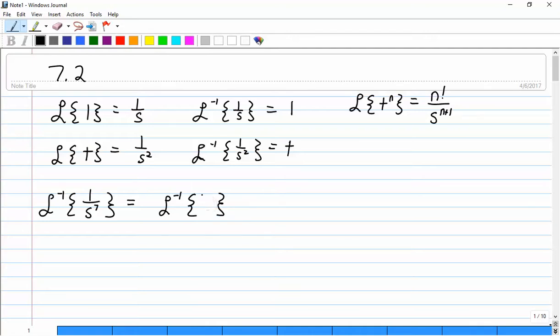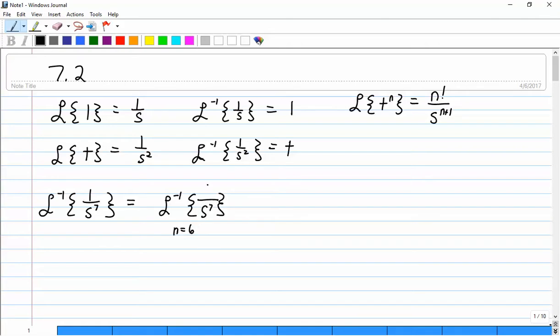All right, what factorial would be on top here if our answer was some factorial over s to the 7th? Then n equals what? n equals 6.